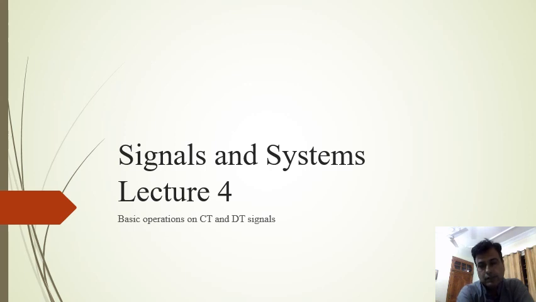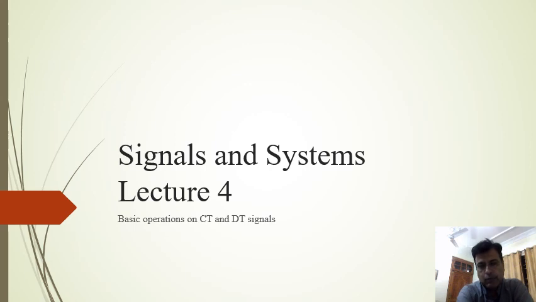This course of signals and system, as the name implies, is basically about the study of signals, various kinds of signals, and various kinds of systems. Normally systems, when we talk about them, and we are going to talk about them very soon, inshallah, their task or function is to perform certain operations on the input signals.